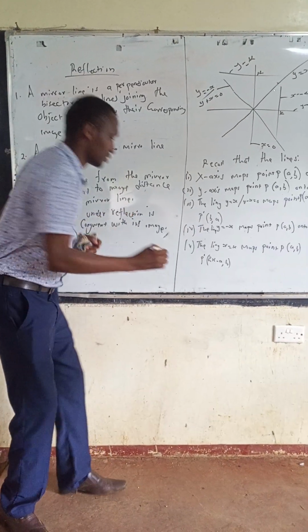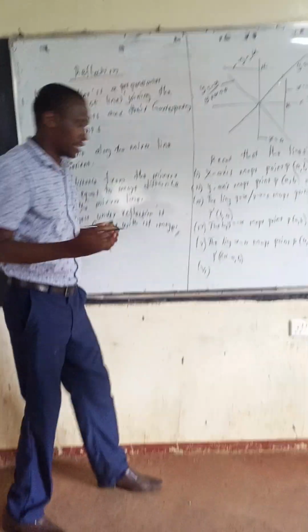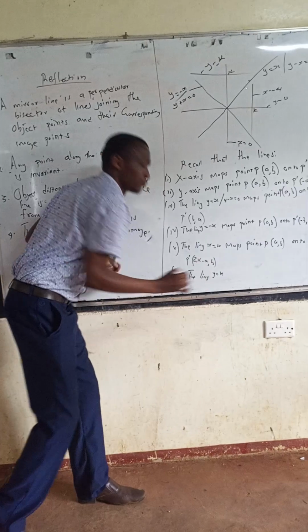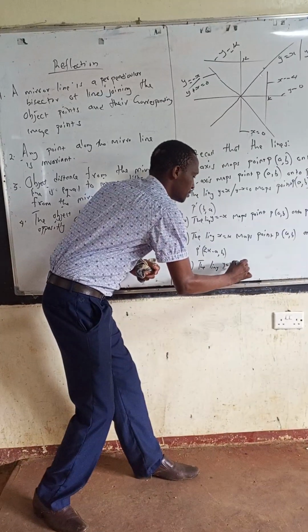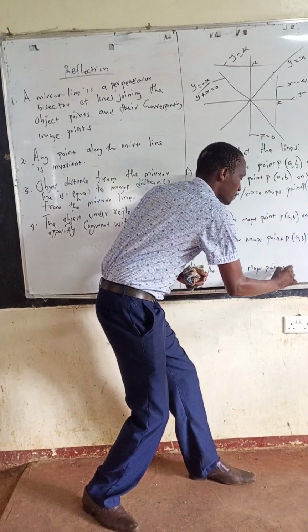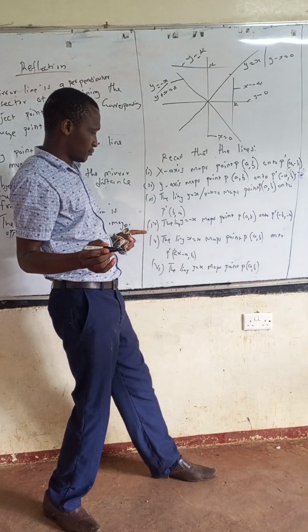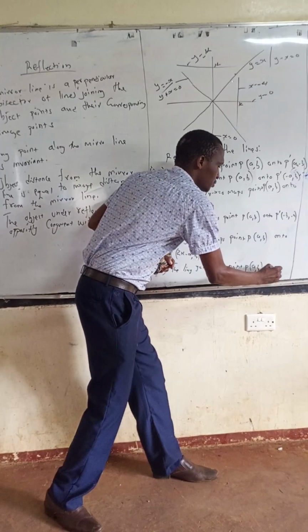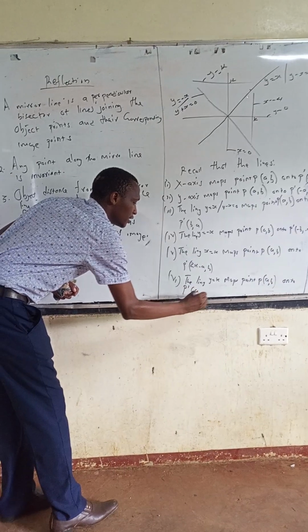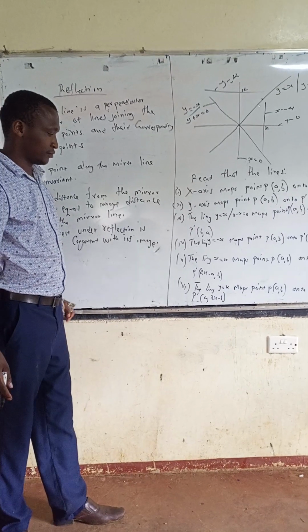And finally, the line y is equal to k maps point P, which is (A, B), onto P image, which is (A, 2k minus B) in that case.